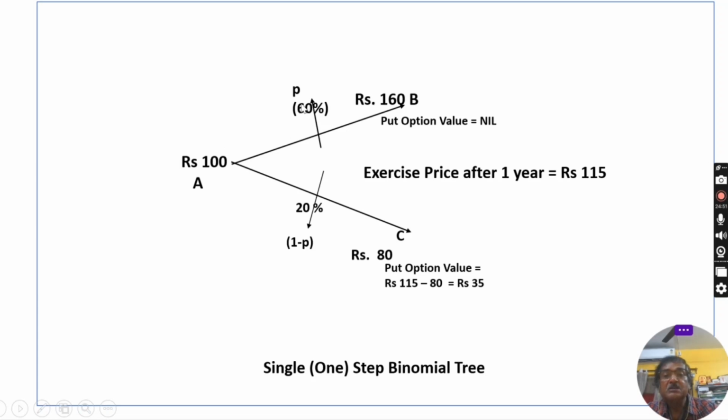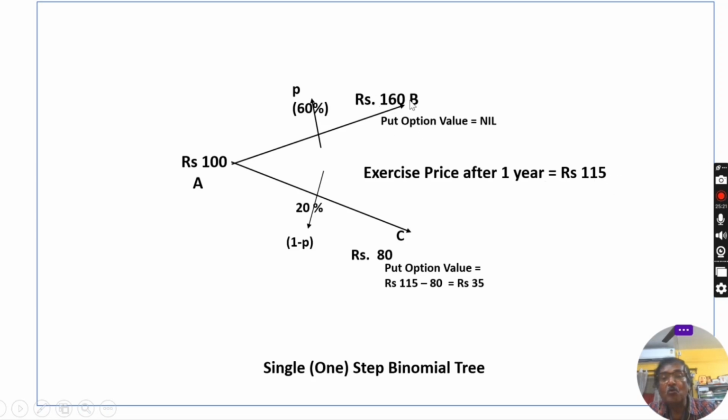A 60% increase means 100 rupees becomes 160 rupees after 1 year. And after a decrease, what will be the expected or forecasted price of this share? It will decrease by 20%. It is given 100 minus 20%, which means rupees 80. We have to determine the value of the put option. This is the exercise price.